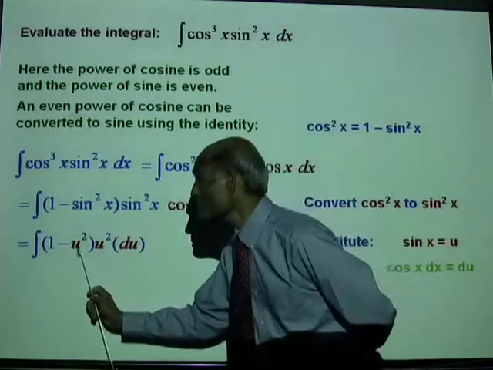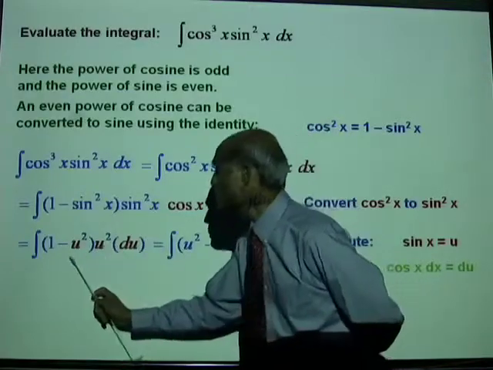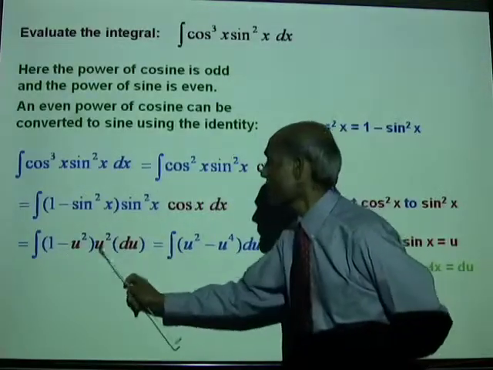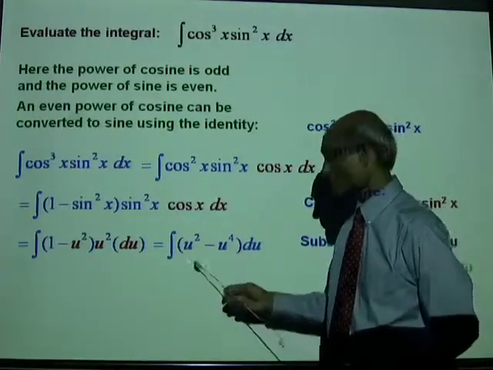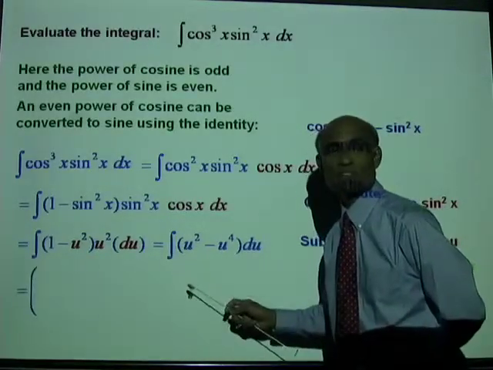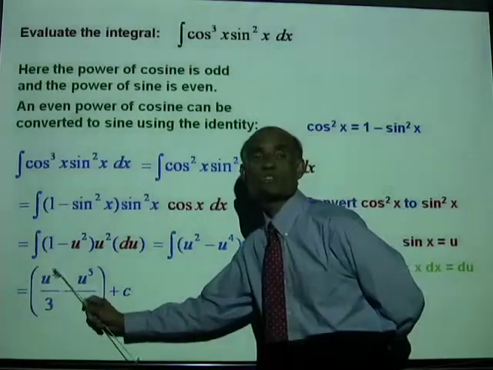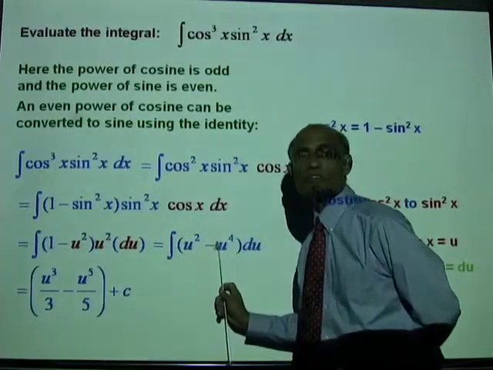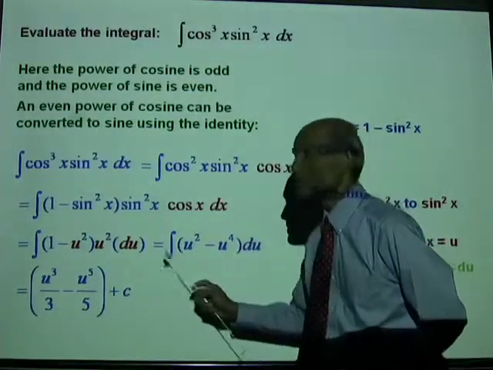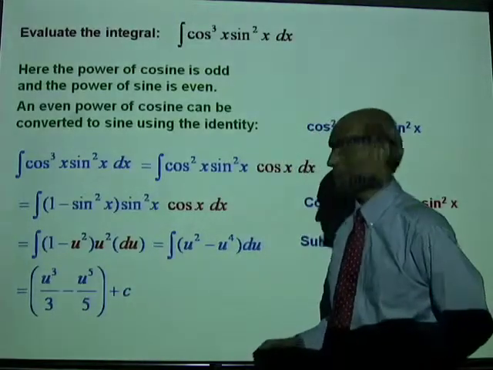Now we can distribute the u squared. That gives you integral u squared minus u to the power of 4 du. And this can be easily integrated, is that right? Integral u squared du is u to the power of 3 over 3 minus integral u to the power of 4 du is u to the power of 5 over 5.